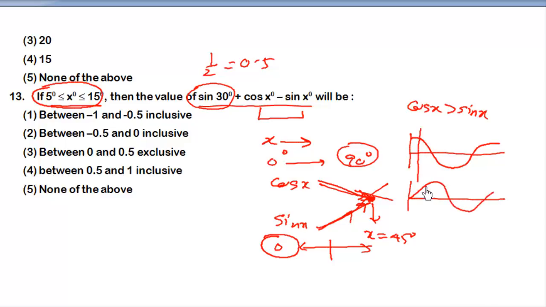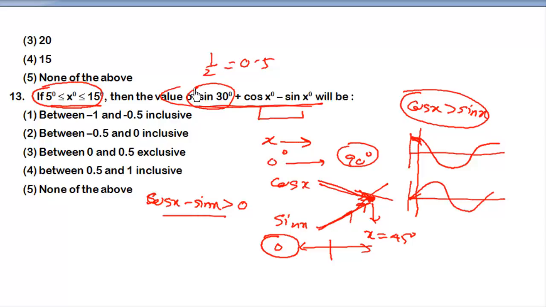So you can see that between 0 and 15, the value of cos of x will be greater than sine of x. So I can say that cos of x minus sine of x will always be greater than 0, right? So this expression has to be 0.5 plus something which is positive. So I can say that this entire expression has to be greater than 0.5.